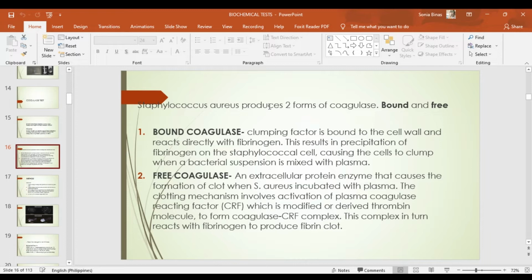While the free coagulase or the tube coagulase is an extracellular protein enzyme that causes the formation of a clot when S. aureus is incubated with plasma. The clotting mechanism involves activation of plasma coagulase reacting factor, which is a modified or derived thrombin molecule, to form the coagulase CRF complex. This complex in turn reacts with fibrinogen to produce a fibrin clot.